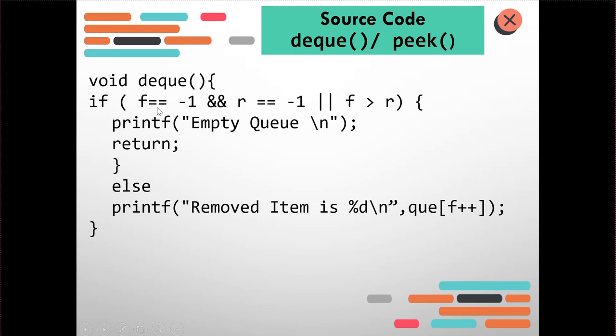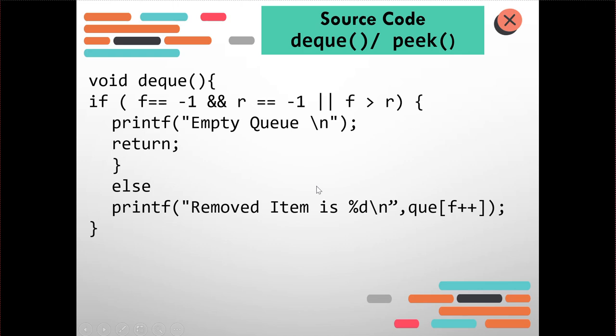We are basically checking if the condition that there are no elements is true, then the message empty queue would be printed, as we saw in the previous slides also. Else we would say the removed item is q[f++]. Remember here that in case of this dequeue operation, front is updated. So it is not like the display operation that we just saw, wherein we used a temporary variable. Here f should change because it removes the item.